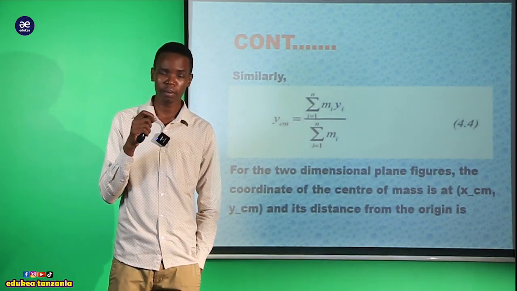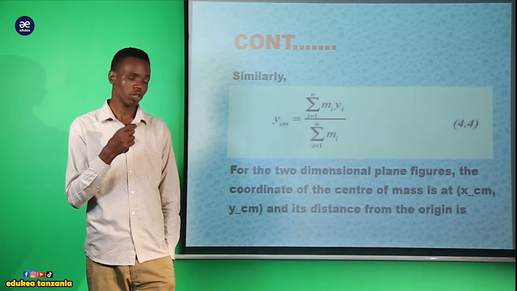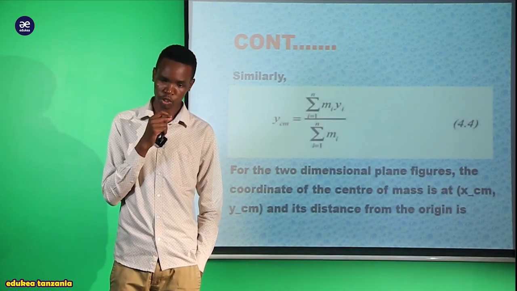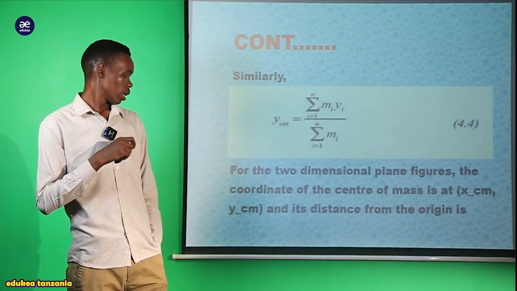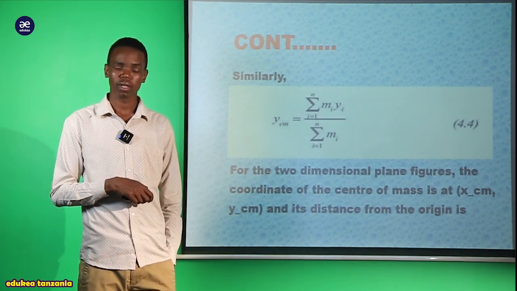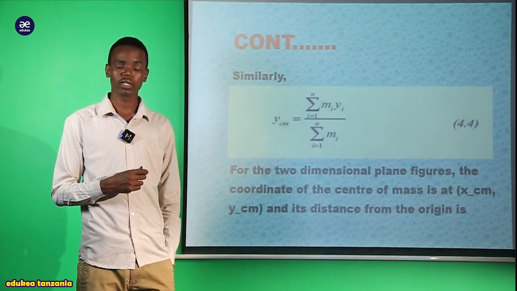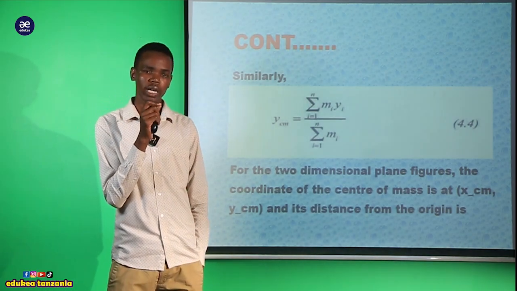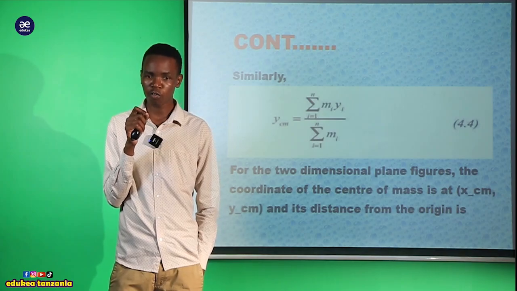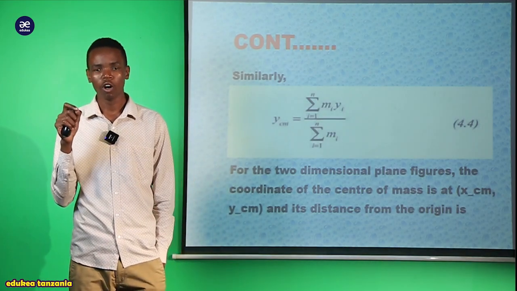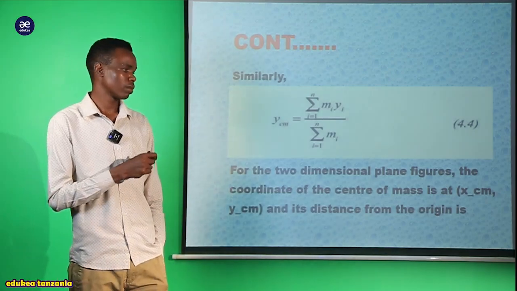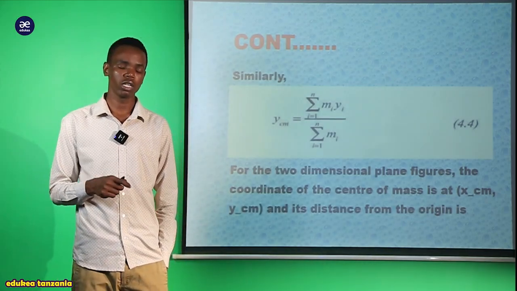If we have two-dimensional plane figures, the coordinate of the center of mass at this point should be equal to x, the center of mass along the x-axis, comma y, the center of mass along the y-axis. But both of them involve their own definition.